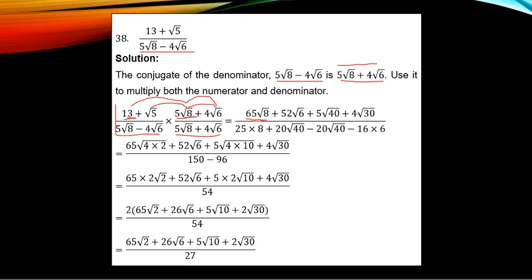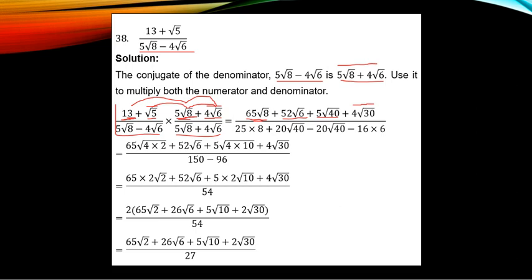You go back to the same 13 times 4 root 6. You have 52 root 6. Then you take the second term, root 5, times 5 root 8, that is 5 root 40. You take the second term, root 5, times 4 root 6, that is 4 root 30.